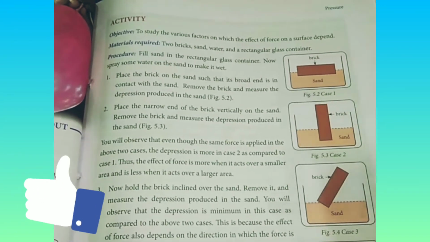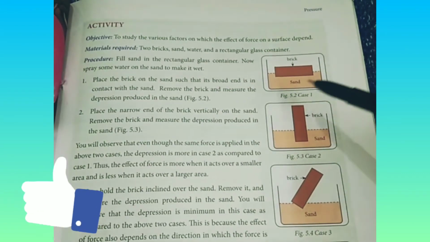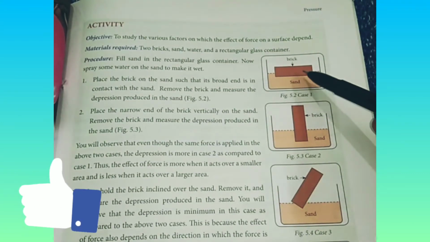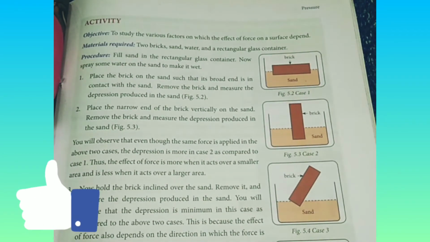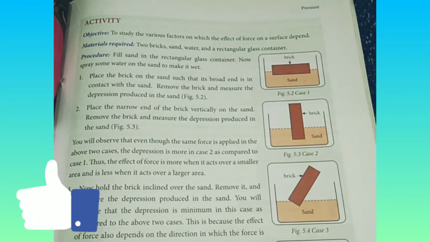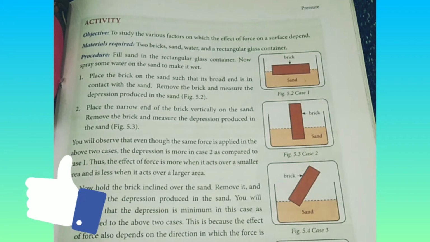In the first figure, it has been shown that when we insert it with the horizontal side, we measure the depression, and when we insert it vertically, then also we measure the depression. And you will observe that when the brick is inserted in a vertical manner, the depression formed is more than that in the case where we have inserted the brick in a horizontal manner.